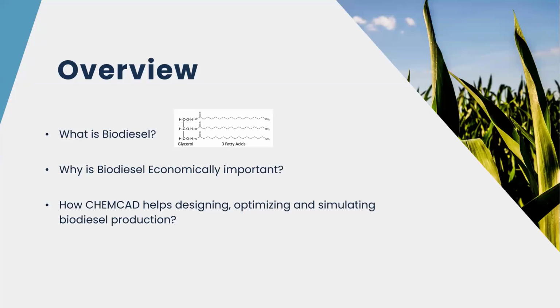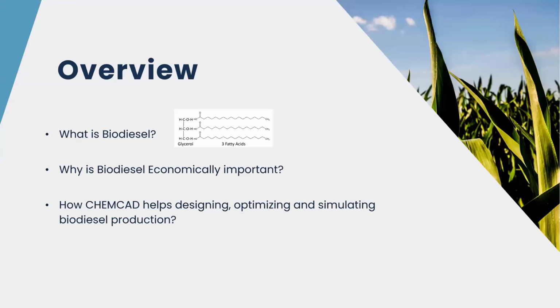How can ChemCAD help us design, optimize, and simulate biodiesel production? Well, ChemCAD allows us to create detailed process flow diagrams of the biodiesel production process. You can simulate energy balance and mass balance and optimize energy integration.